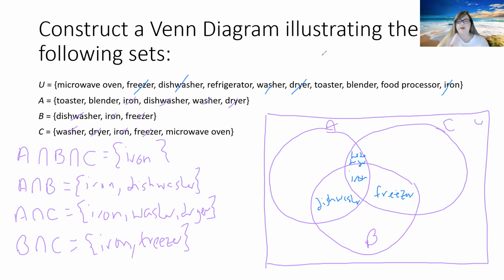And now let's write the items that are in the sets that are not already on the paper. So in set C alone, we have microwave oven. So that's right here, microwave oven. And in set A alone, we have toaster and blender.